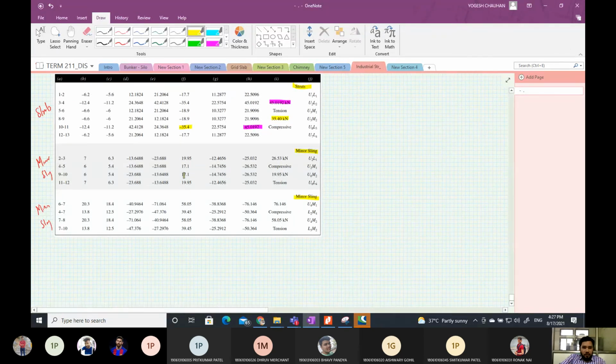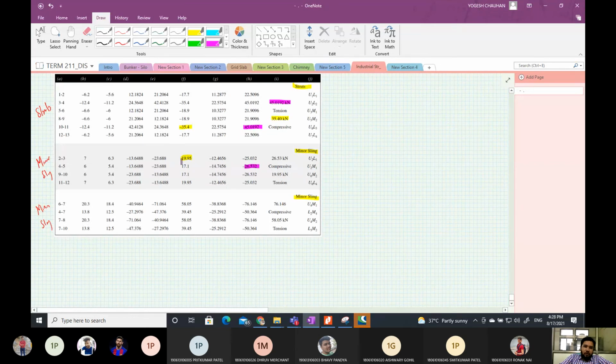Then here it is actually a tension member. Under gravity loading, it is under tension. So these are tension members. You have to design it for 19.95 kilonewton load, but at the same time you have to check it for the compression load of 26.532.